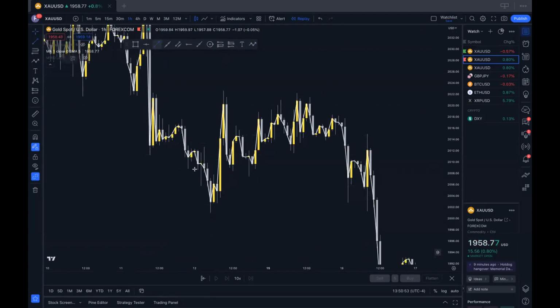We have support, breakout. No, this is resistance, breakout, support. Boom. Breakout, support, entry. Cool.